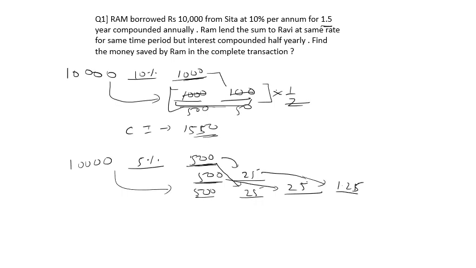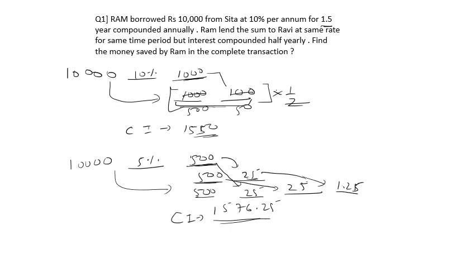How am I calculating this? Because see, 10% of 25 is how much? 2.5. So 5% will be half of that, 1.25, right? Okay, so here the interest is coming out to be 1576.25.